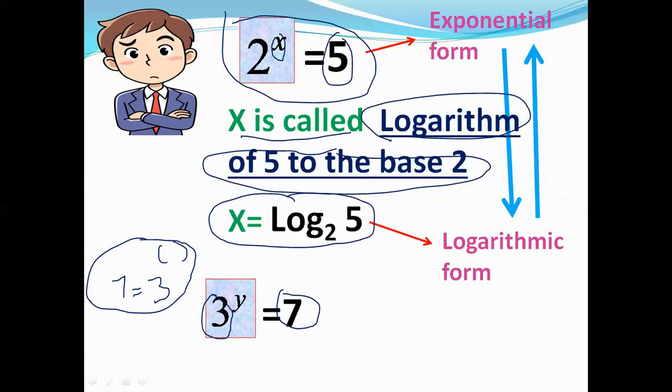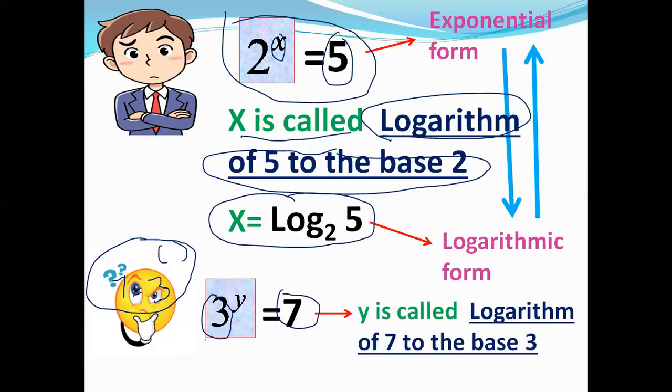So what is the value of y here? y is equal to logarithm of 7 to the base 3. We can simply write this as log 7 base 3, that is y.